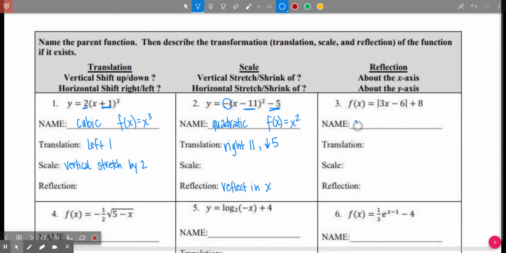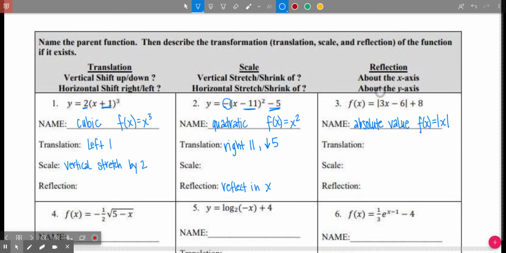The third one is an absolute value function. Its parent function is f of x is equal to the absolute value of x. Now, anytime you have a multiplier like this, you always want to factor it before you determine any type of translation.